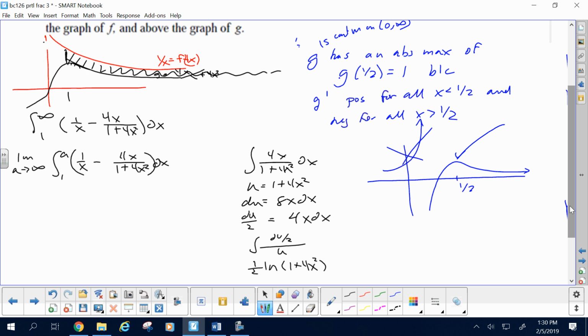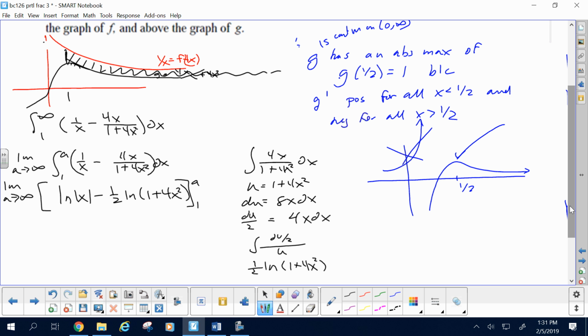Because that's positive, I didn't use absolute value, but you could. You with me? All right, therefore, by that logic, this definite integral is equivalent to natural log of the absolute value of x. Actually, it's positive territory, so you could leave that absolute value off too. Minus 1/2 log of 1 plus 4x squared from 1 to a. Are you still with me?